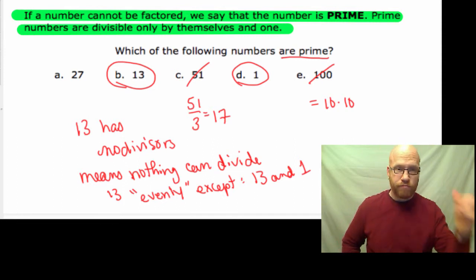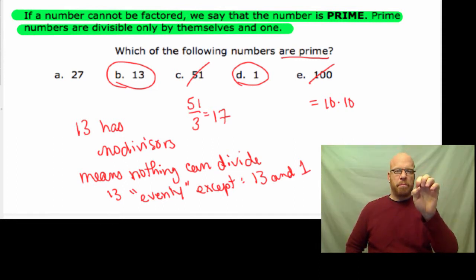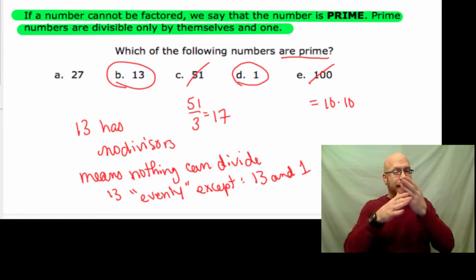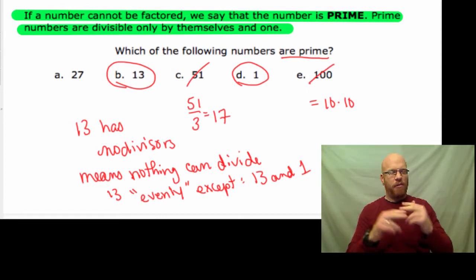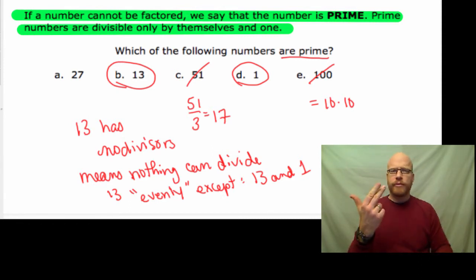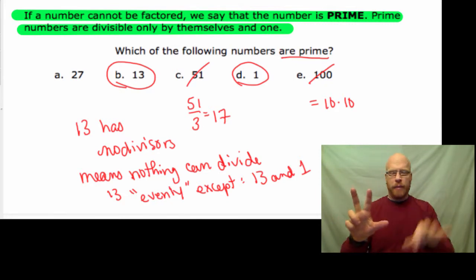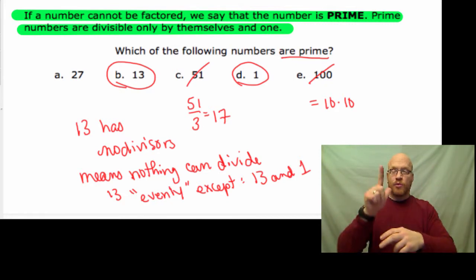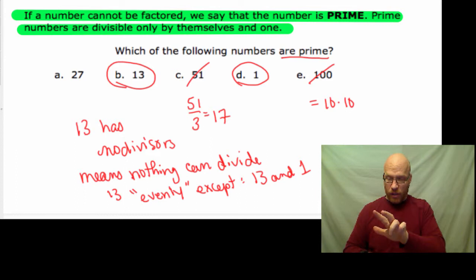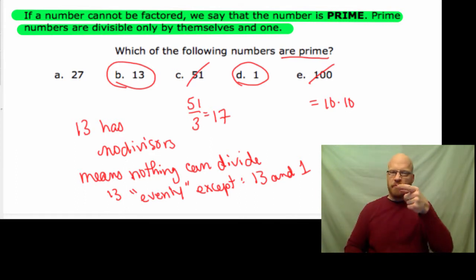Okay, so 13 is prime. Nothing else can divide 13 but itself or 1, evenly, meaning there's no remainder. So, now for A, 27. Yeah, I know we can multiply 3 times 9. That's 27. That means 27 can be divided by 3. And that means it's not prime.